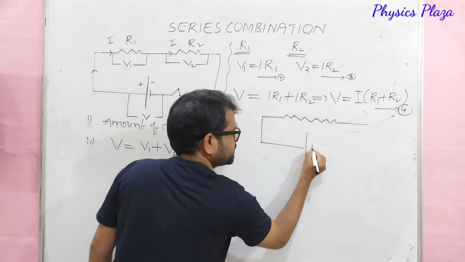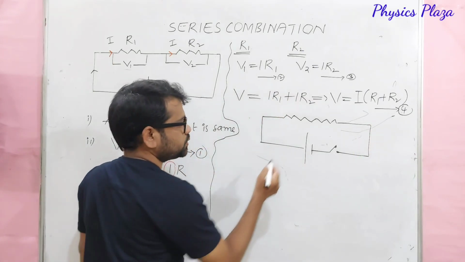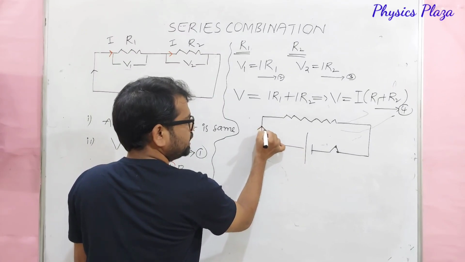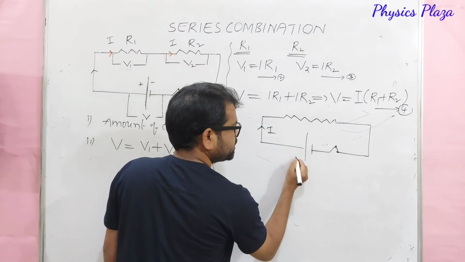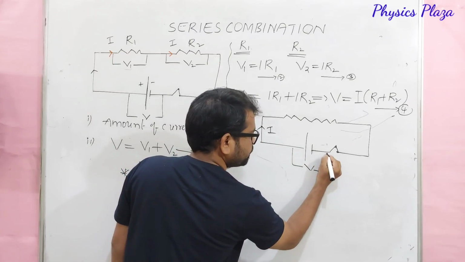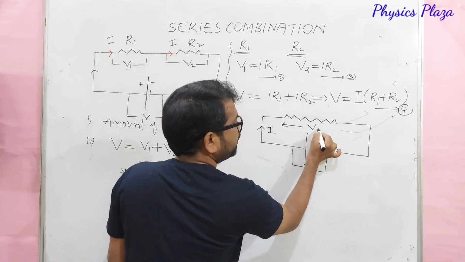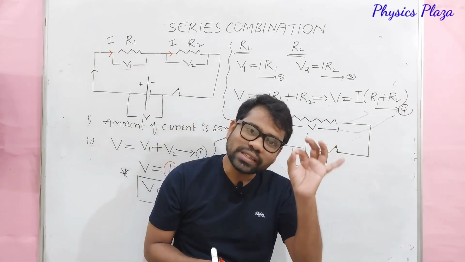And here the battery is the same battery, so the potential difference will be the same. When you turn on the switch, what happens, dear children? The current I flows, because the same current should flow according to our condition, and the potential difference across the battery will be V only. So the potential difference across this is V only. Children, why V only? Why not V1, V2, V3? Because only one resistor is there.